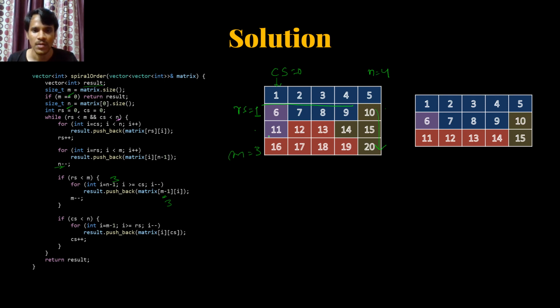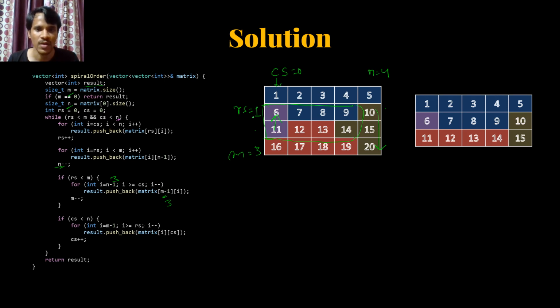So it is minimized to this matrix. In this one column start is still less than n, so we print these two in reverse order. So i runs from m minus 1, that is 2, to greater than or equal to 1.